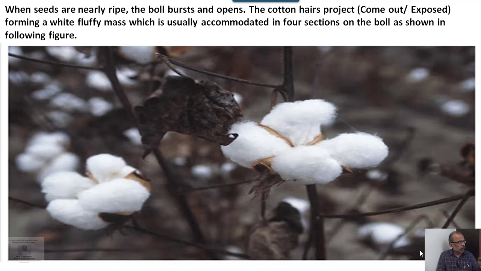Once the fiber protrudes out of the seed, development has already started in each single fiber. This is a boll comprising thousands of fibers, as we stated earlier. So this is how the whole process goes.